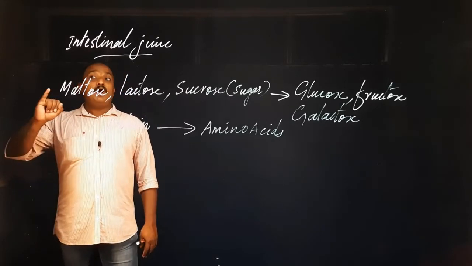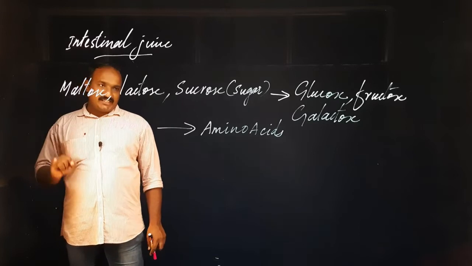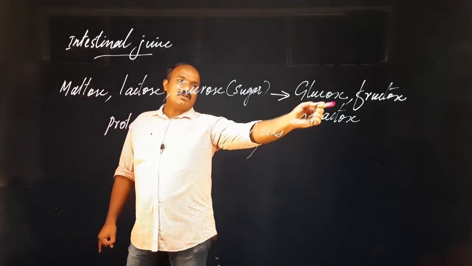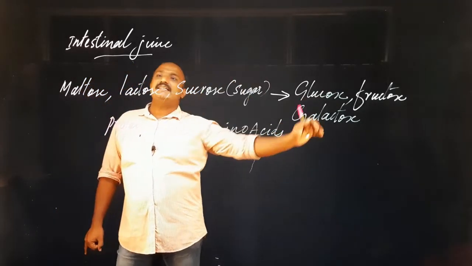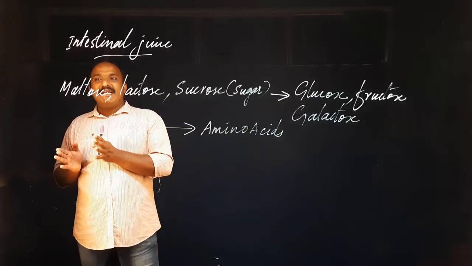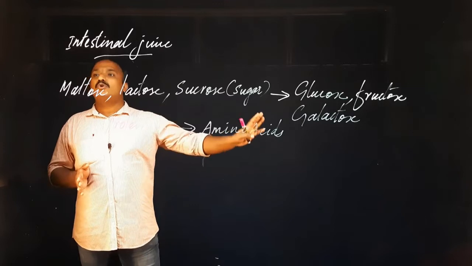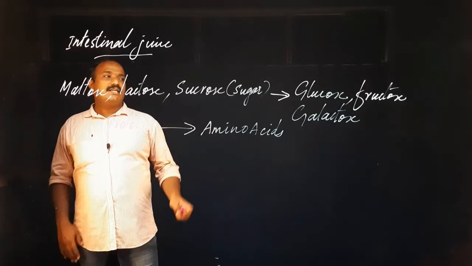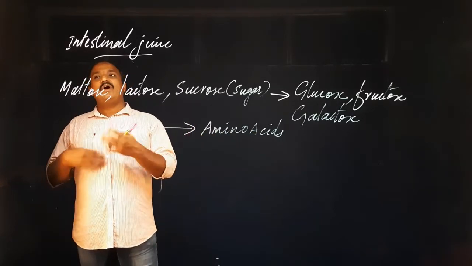Now carbohydrate, after digestion, we will get glucose, fructose, galactose. All are types of glucose. Simply you have to study carbohydrate digests into glucose. That's enough. Fructose and galactose are other forms of glucose.